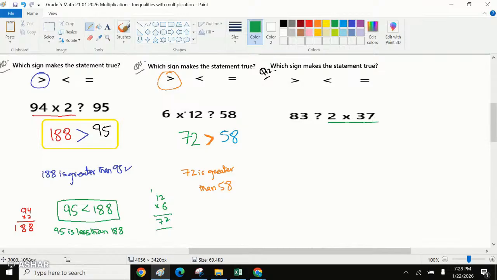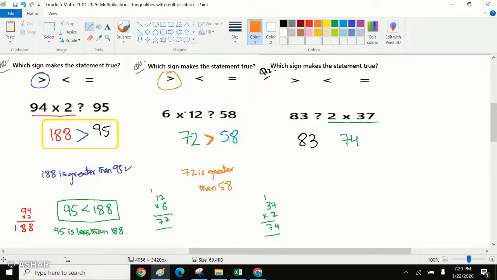Let's multiply 2 by 37. 2 times 7 is 14. We carry the 1. 2 times 3 is 6, and 6 plus 1 is 7. That means the answer is 74.